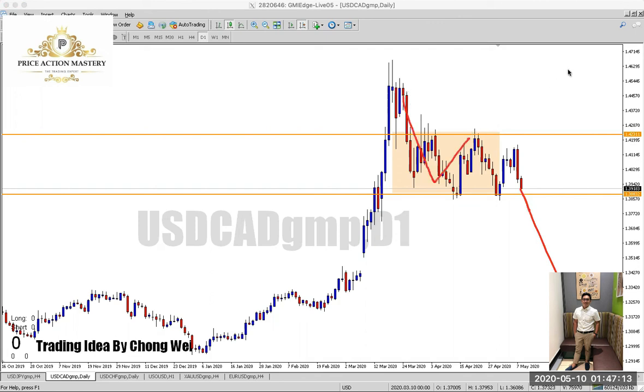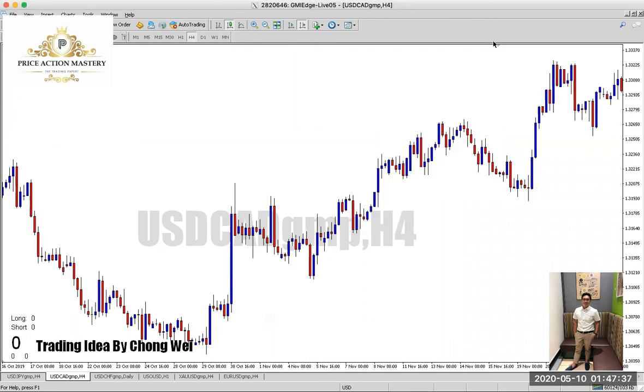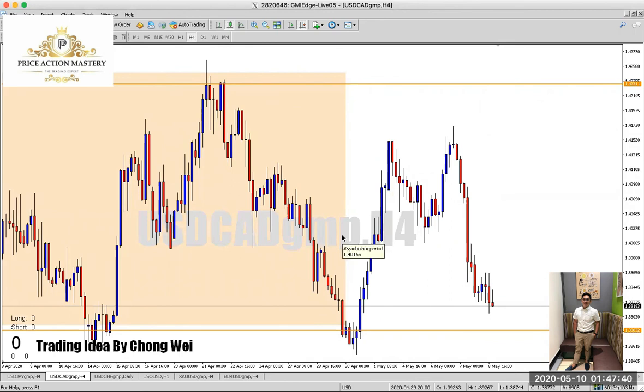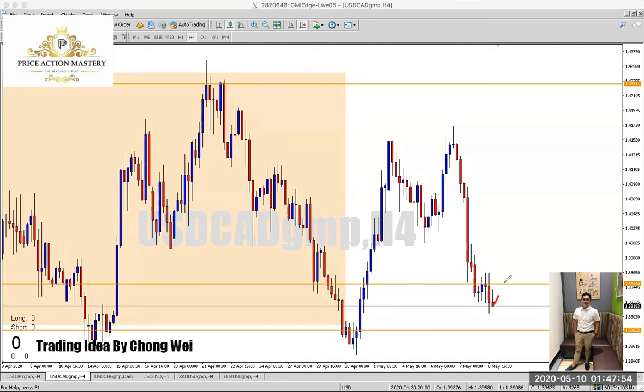If it can break lower into 3 in a bigger time frame, in H4, but because the market already reached a buyer area, it may attract a lot of buyers to bring the market higher. So this is what I forecast: drop going here and drop to this level first. So this is the forecast for USD CAD.